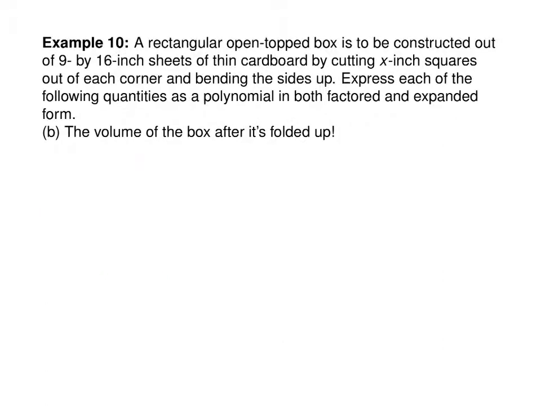Next, we're asked to find the volume of the same box after it's folded up. So same picture. You cut out these corners. Now the volume of a box is length, width, height.